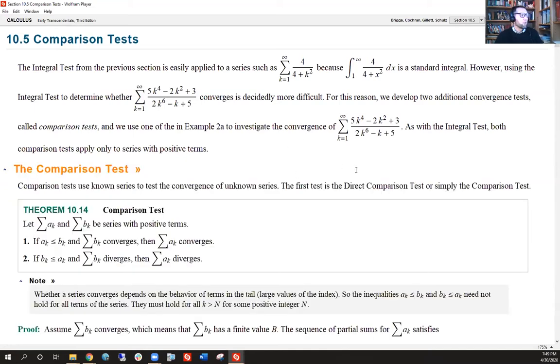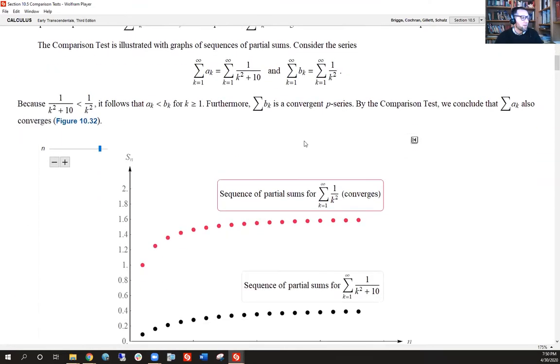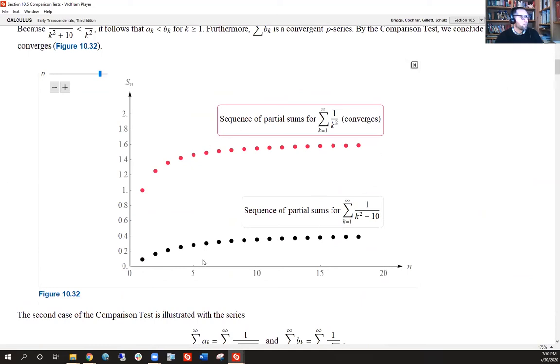For those that have taught Calc 3 or Calc 4 recently, you'll remember that in the comparison test, you use a known series, something known like a p-series or a geometric series, to help you figure out whether some slight variant of it might also converge or diverge. As I read through trying to figure out what I want to talk about tomorrow, one of the things that I run into right away is this animation or manipulate or interactive figure.